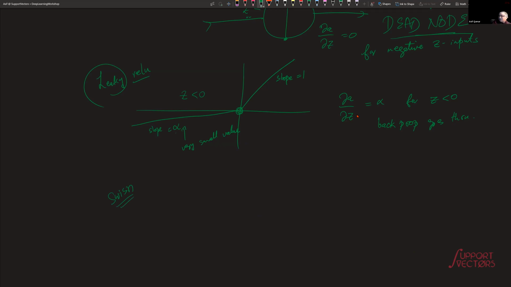What it did is something funny. It took the linear activation, where A(Z) is equal to Z, and it took a product of this with a sigmoidal activation function, right?